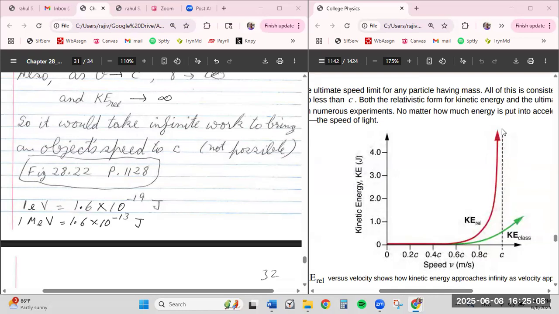So we basically get a vertical asymptote at v equals c. And as you can see, the red curve, which is the relativistic kinetic energy, cannot even touch this because kinetic energy is approaching infinity as the velocity approaches c. So once again, it basically says that the speed of an object cannot reach the speed of light.